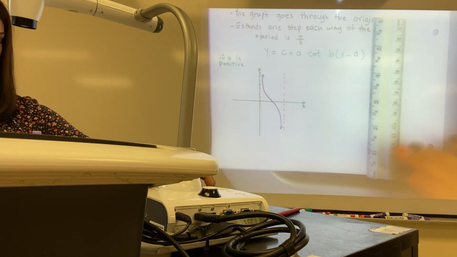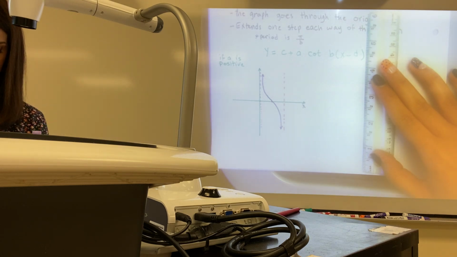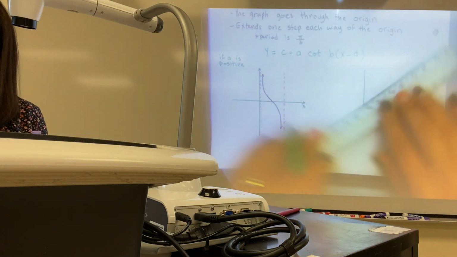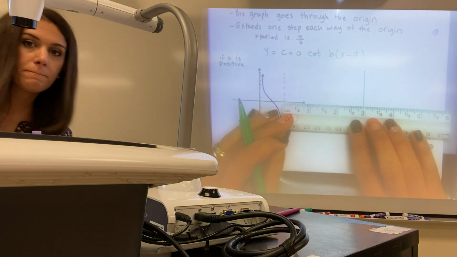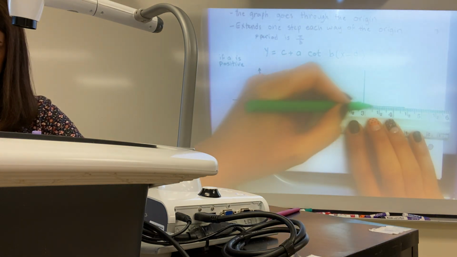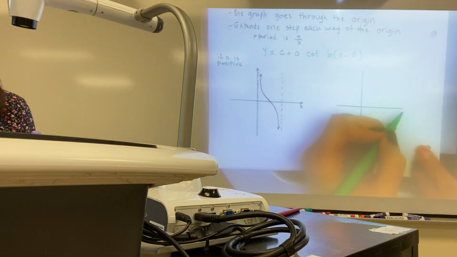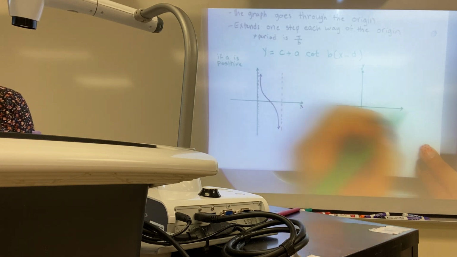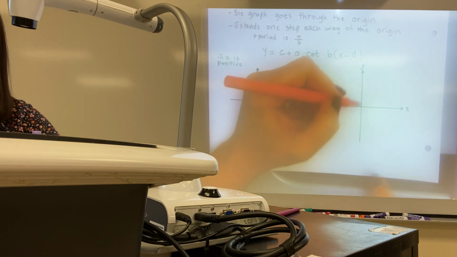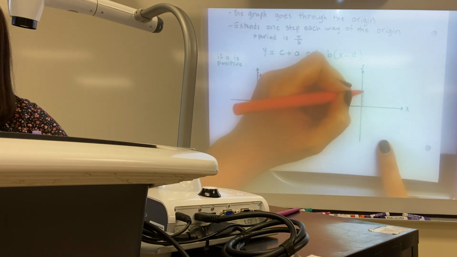When a is negative, we'll see how it will look. There's x and y. Okay. Again, same thing. The y-axis is the vertical asymptote for cotangent.